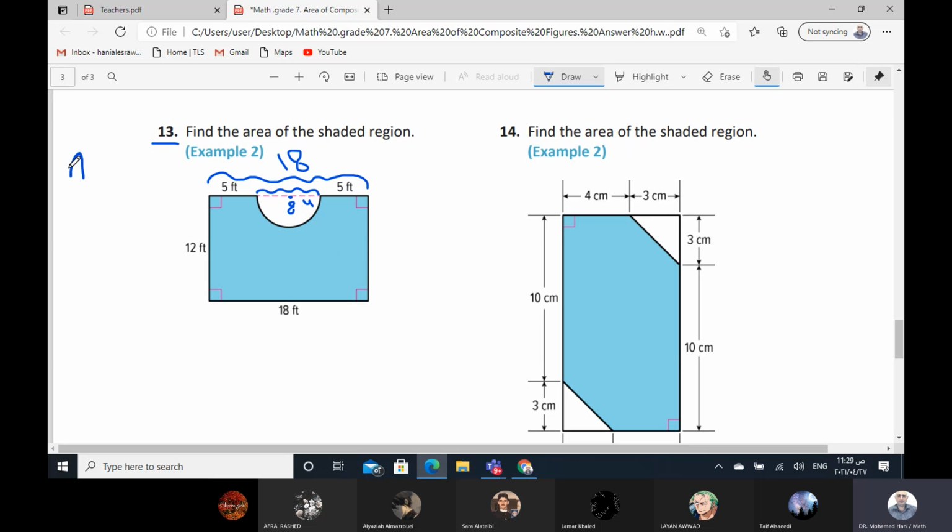So the area of the rectangle equals length times width, 18 times 12. The answer will be 216 ft squared.